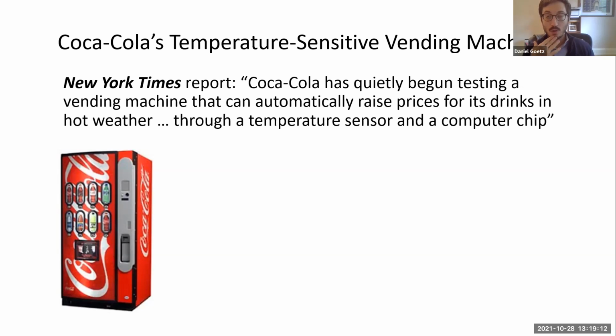Why might Coca-Cola want to increase the price for a Coke when it's hotter? More demand in hot weather, right? So people's value of a drink goes up depending on the heat, right? It's better to have a cold drink when it's hot. So maybe that's why. So again, consumer value.